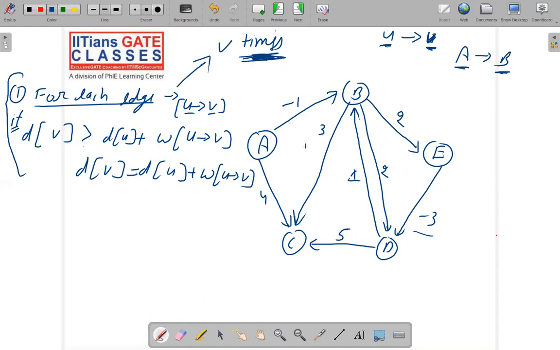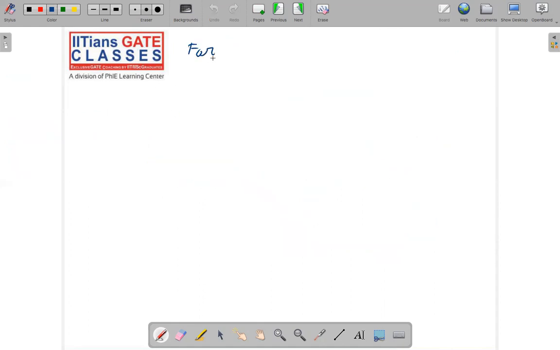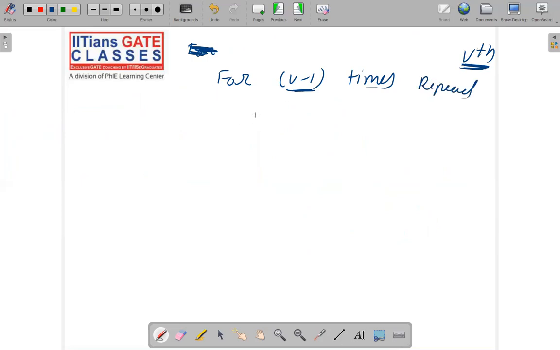If I'm considering this edge, now look at this step. I will write it down more clearly. We will do V minus 1 times, and the Vth time for one more thing. We will repeat this step V minus 1 times for each edge.